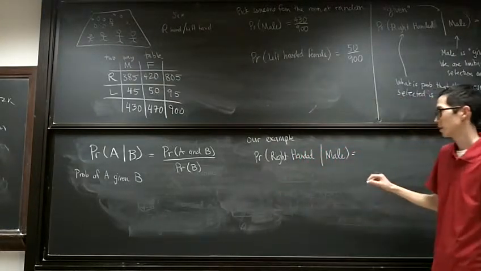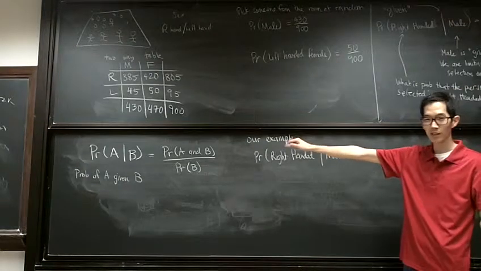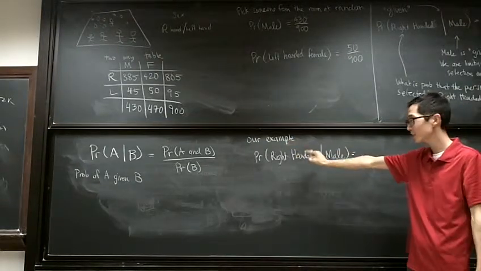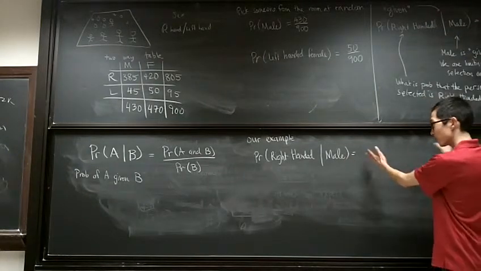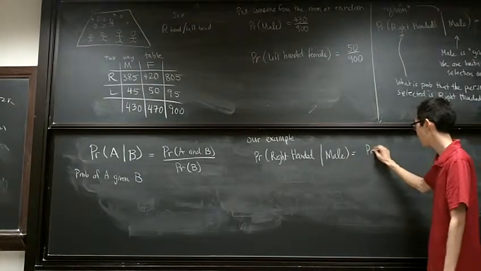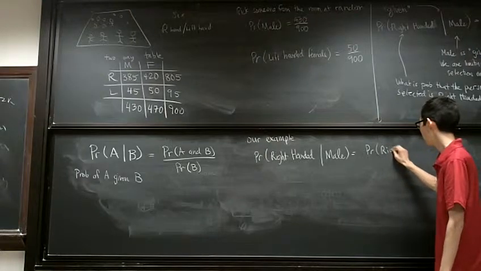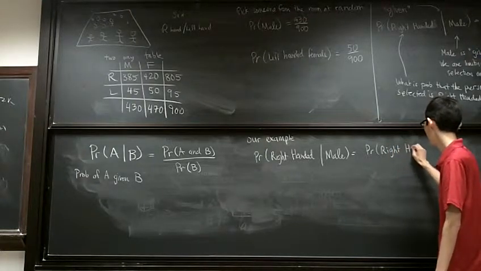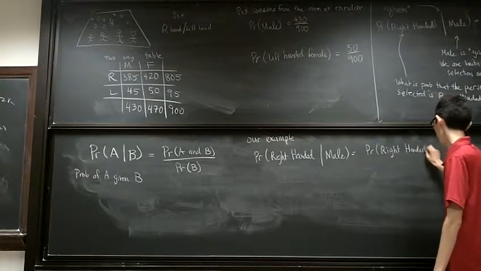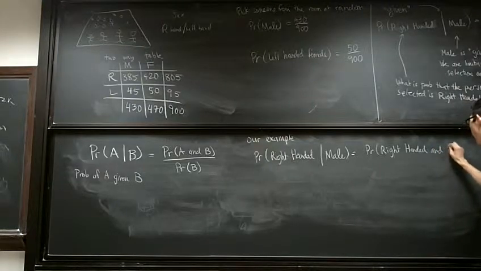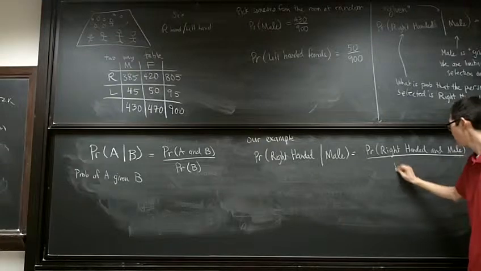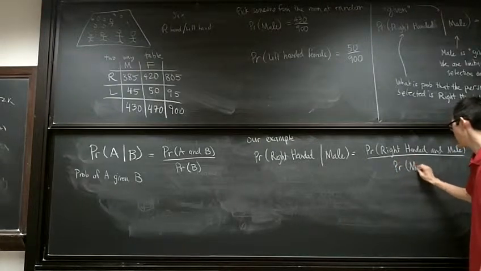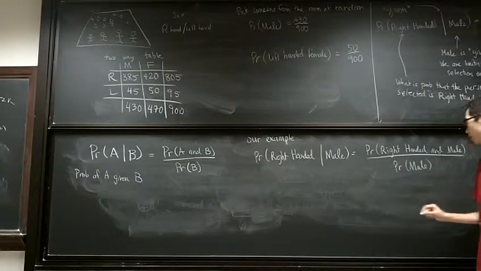All I've done is replace the letter A with right-handed, and B with male. I'm going to do that for the other side too. So this is going to be probability of right-handed and male divided by the probability of male.